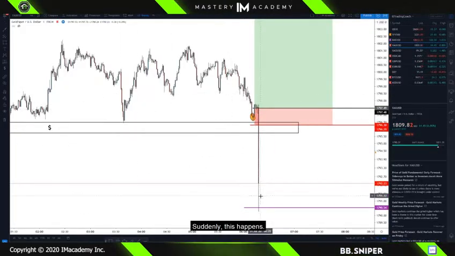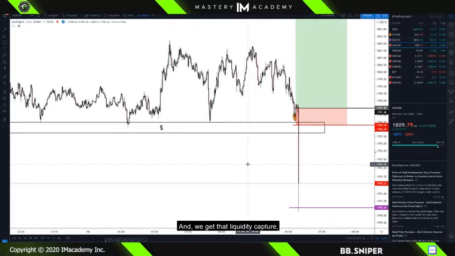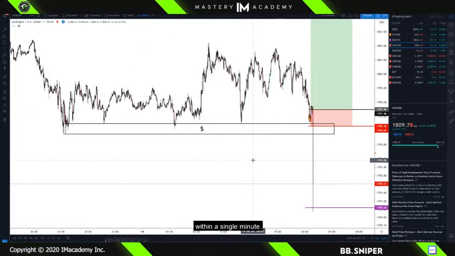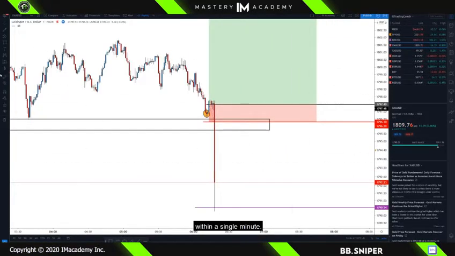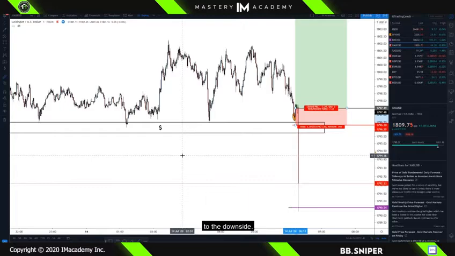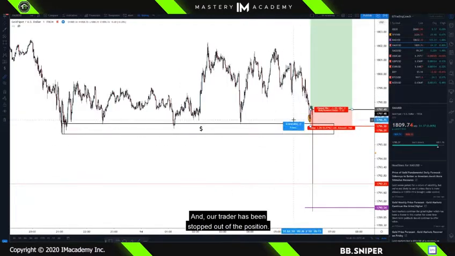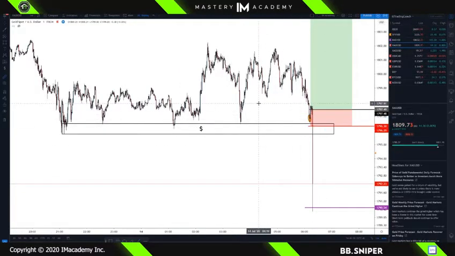Suddenly, this happens. And we get that liquidity capture within a single minute. The market drops 70 pips to the downside, and our trader has been stopped out of the position. Now, even though we're talking about a hypothetical example, you're probably thinking, well, it's not the worst thing in the world.